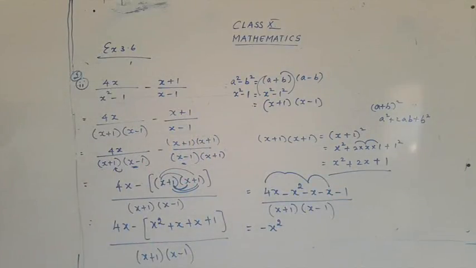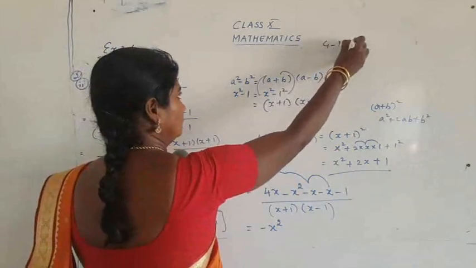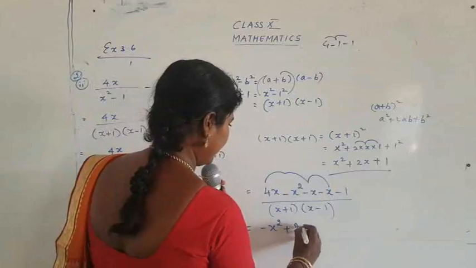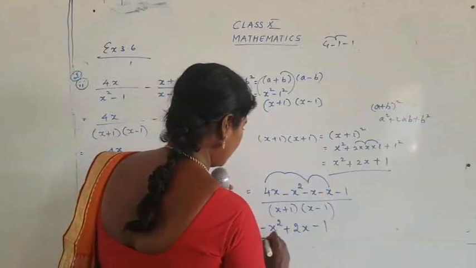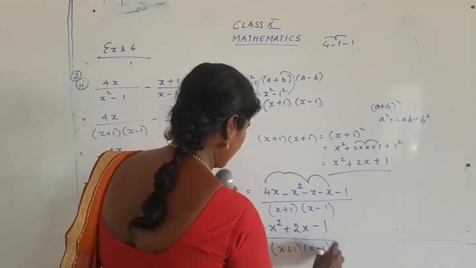What is the answer? 4 minus 1 minus 1. You get 3 minus 1 is 2. So plus 2x minus 1 upon x plus 1, x minus 1.